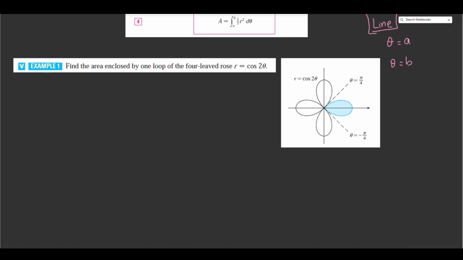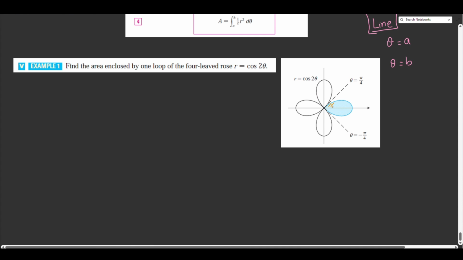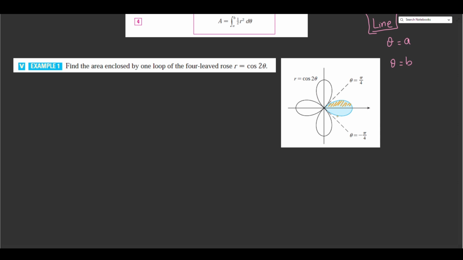If you think about this area above the x-axis, it is exactly the same as the area below the x-axis. So we will only find the area above the x-axis, and remember the x-axis is denoted by theta equals 0.